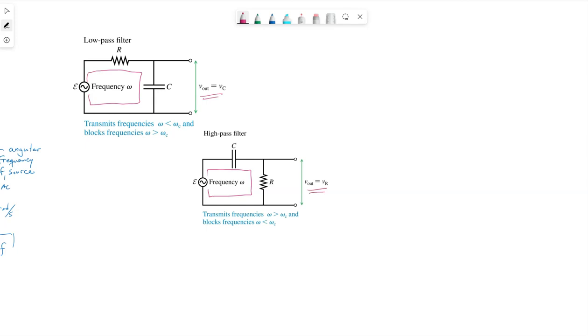If we connect leads across the capacitor specifically and measure the voltage across the capacitor, we have what's called a low-pass filter. When you are constructing an electrical circuit, which you may or may never do, for example, an EKG, also sometimes known as an ECG, electrocardiogram, you're connecting a circuit to a person's chest.